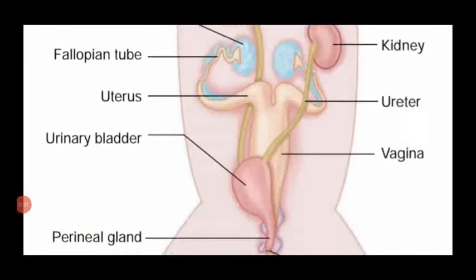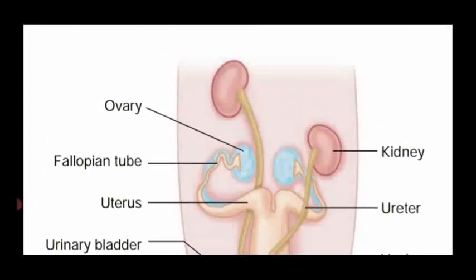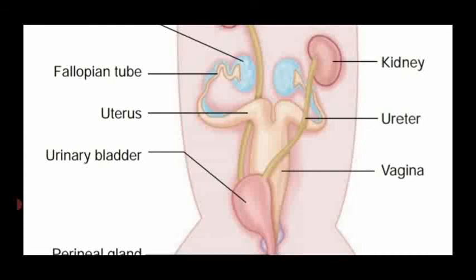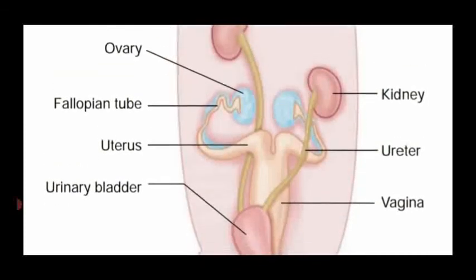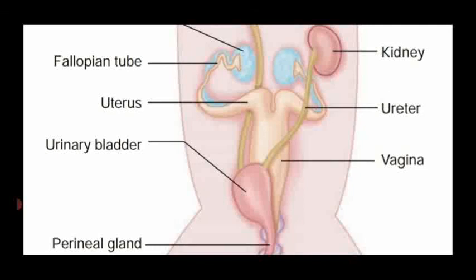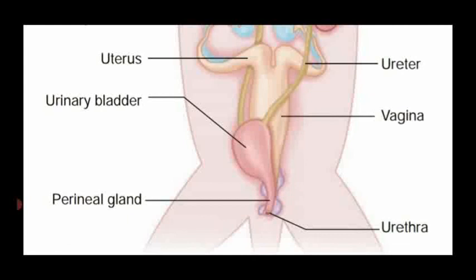Dear students, then we have seen the female reproductive system of rabbit, which consists of a pair of ovaries located just below each kidney, ovoid in shape, with a funnel-shaped structure called the oviduct. The oviduct leads into the fallopian tube. A fallopian tube leads into a broader tube called the uterus. A pair of uteruses joined together form a common tube called the vagina.